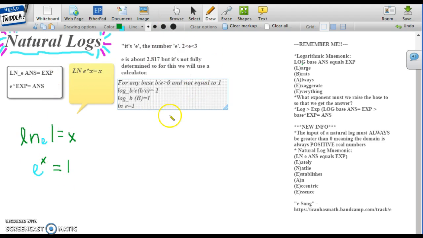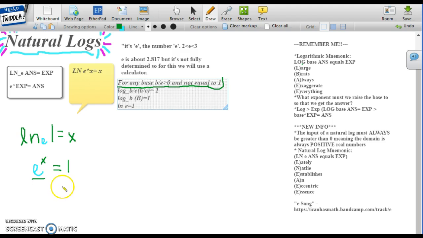Now I think about it, and I kind of go back to this part right here where it says for any base greater than 0 and not equal to 1, just this section. And then I think, oh, e is greater than 0 and it's not equal to 1.